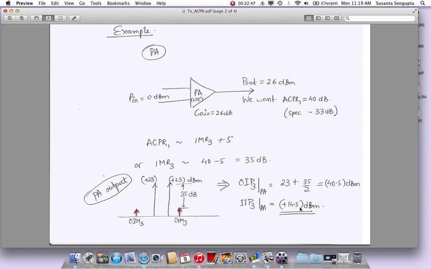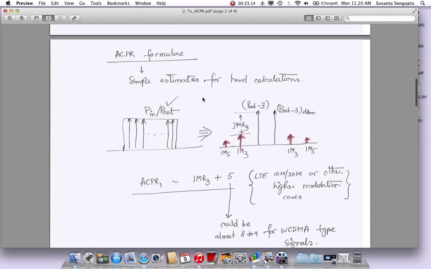But why are these numbers important? Now if you have a circuit in mind and you say, I have this PA, I just want to know how linear it has to be. Well, now you know. It should have an IIP3 spec of around plus 15 dBm, and an OIP3 spec of roughly 40 to 45 dBm. If you put some margin on it, that will be better. That gets you the starting point for your spec, because you cannot really put in some fancy circuitry and push in your OFDM signals to see what kind of ACPR you get at the output.